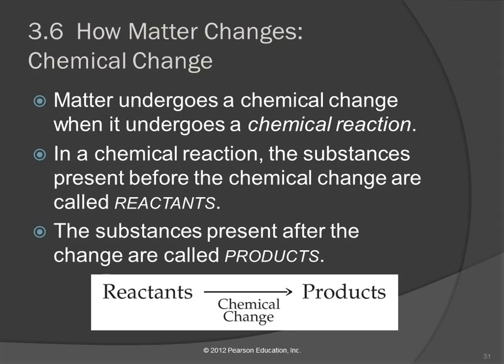There's a change, right? So you started with one thing, you end up with something else. So the things that you start with are called reactants, and the things that are produced are called products. So the reactants react to produce the products.